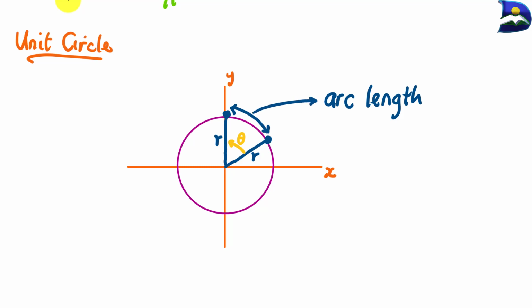Now this arc length is expressed as the relationship between the r and the angle, and this relationship is the product between our r and our angle, which is expressed in this case in radians. That is something to keep in mind, not degrees.